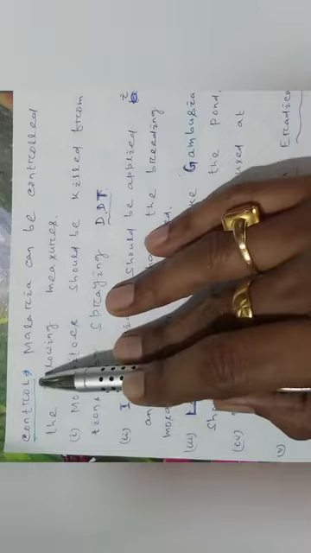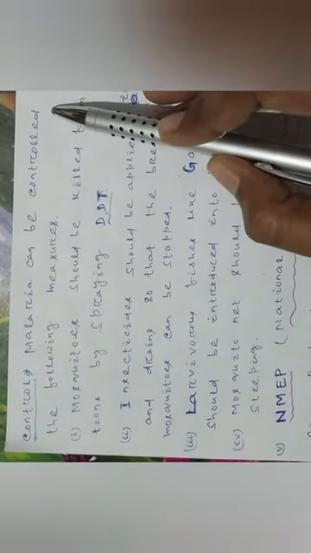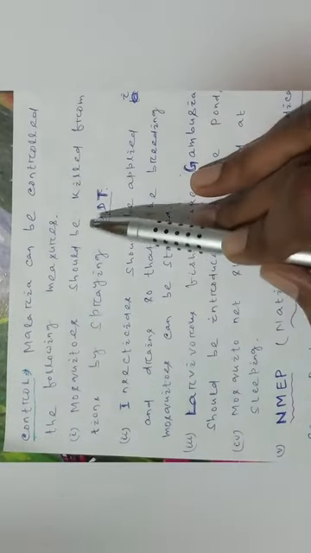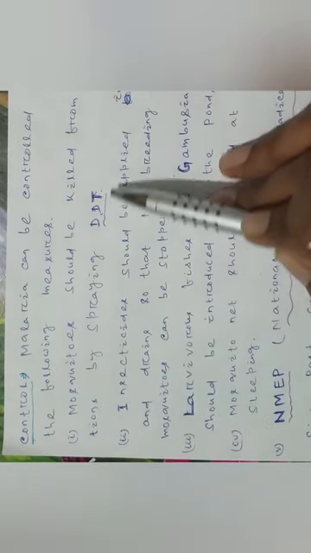Then control of the disease. Malaria can be controlled by taking the following measures. Number one, mosquitoes should be killed from human habitations by spraying DDT.